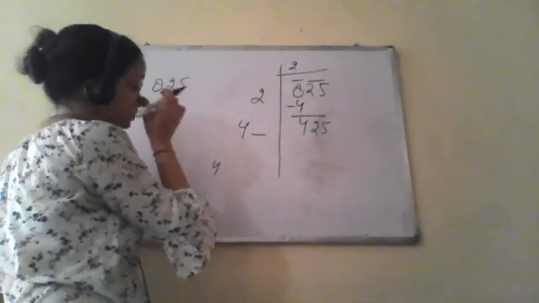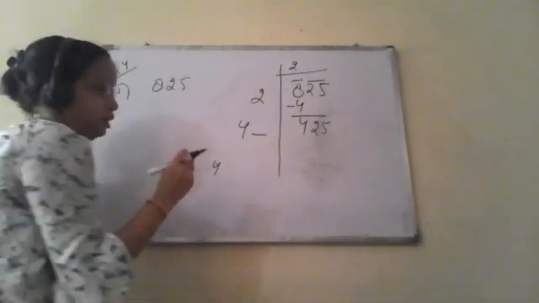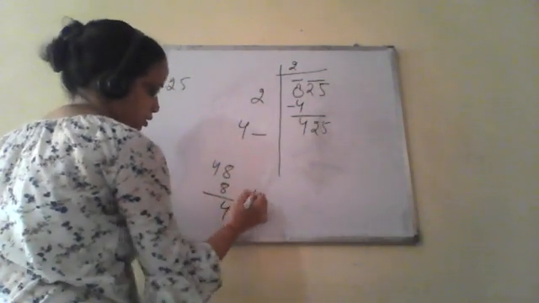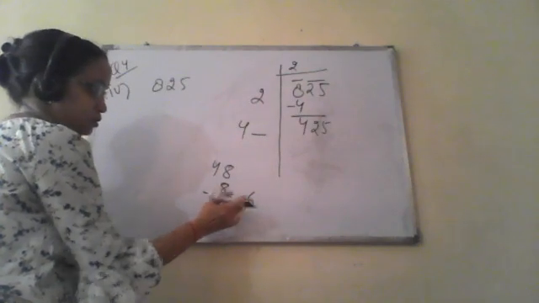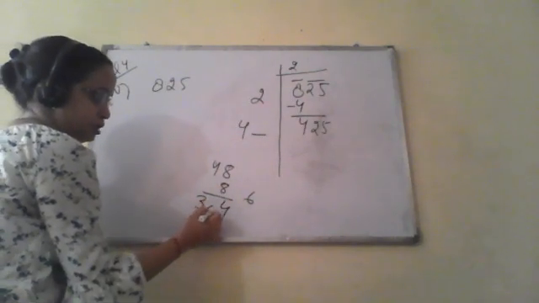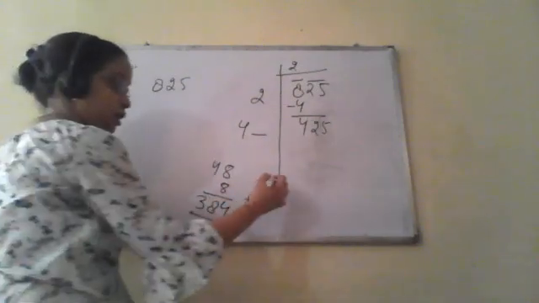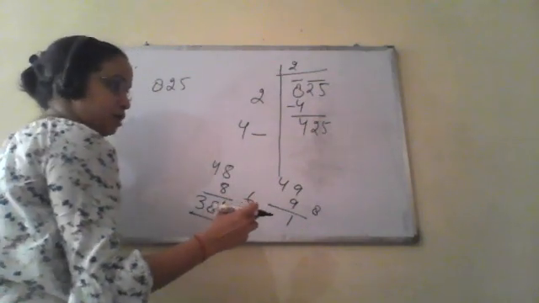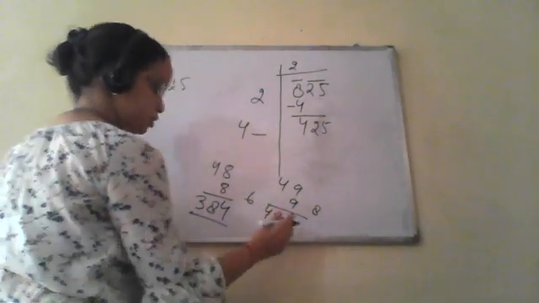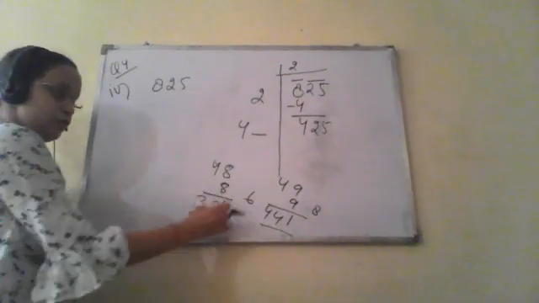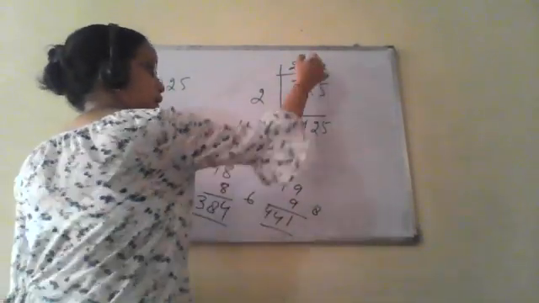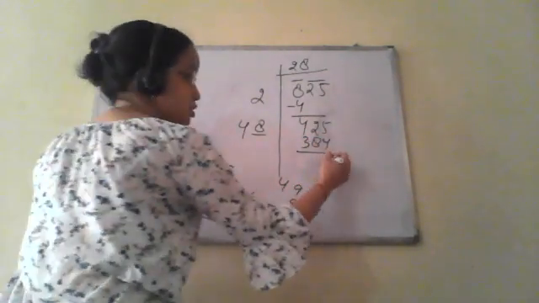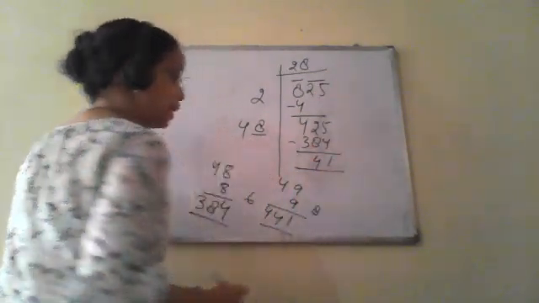We will go with 48 times 8, which is 384. So we will write 8 here and 8 here. This is 384, and we get 41 as the remainder.